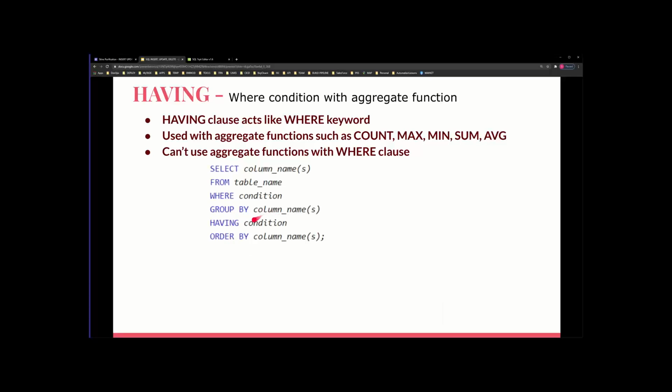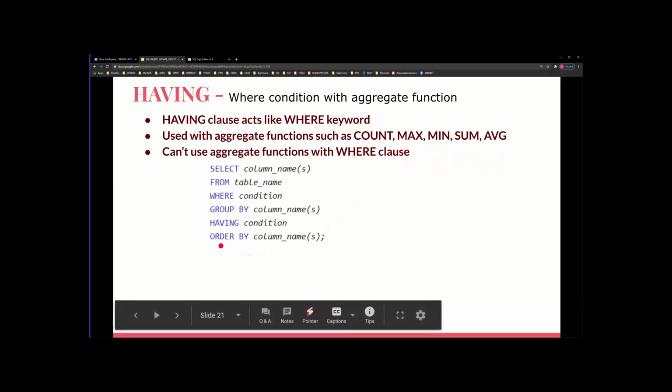And if I wanted another condition, I cannot have another WHERE statement here. You cannot have a duplicate WHERE statement, and even if you had one, you wouldn't be able to use the aggregate function. So for that, you have to use HAVING. For the HAVING condition, you can use these sum, min, max functions. Then you can follow that with ORDER BY that we learned. ORDER BY goes at the very last. This sequence matters. If you break this sequence, it's not going to work.